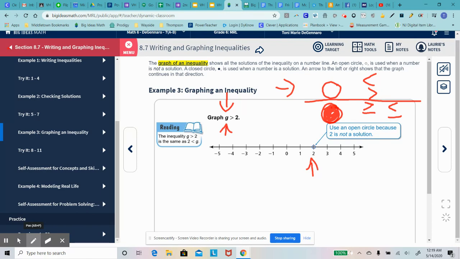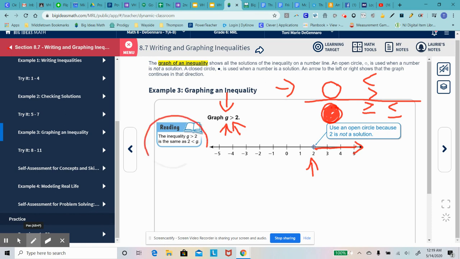So you're going to be drawing an arrow on your number line, and since your variable's on the left, this is key. Since your variable's on the left, you can follow the arrow and where it's pointing. So the arrow is pointing to the right. So that means g can be 3, g can be 4, g can be 5. So let's try it. If g is 3, 3 is greater than 2, so it works. Okay.